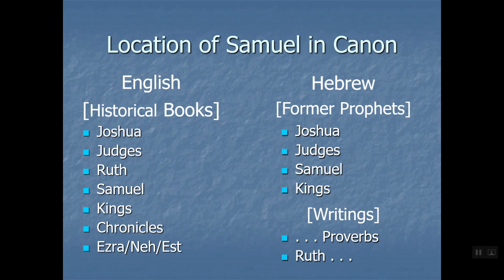We talked about the good things about Ruth being where it is in the historical books in the English canon. It was written about a story in Judges, so that's great. It ends talking about Boaz being the great-grandfather and Obed being the grandfather of David, and Samuel's all about David's rise to prominence. There's really good things about whoever did the ordering of the English books.